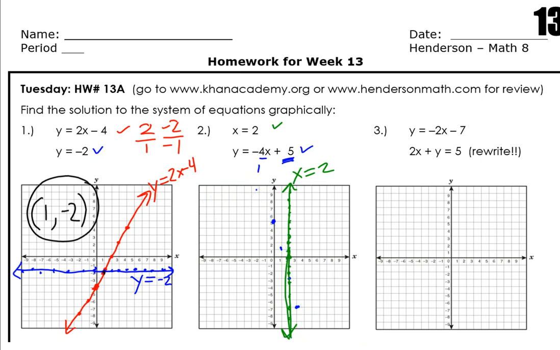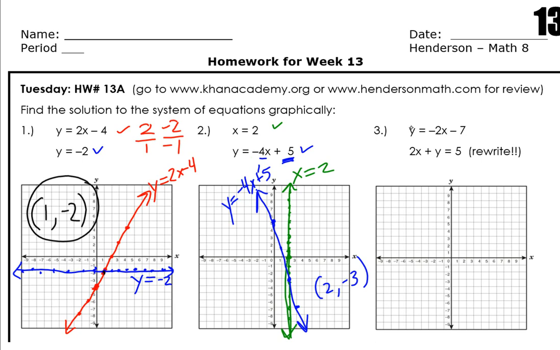When you use your straight edge here, you will connect these points exactly. So I can see that this blue dot is on the green line at a value of 2, negative 3. Let me see if I can get this line a tiny bit straighter. There we go. And a label. 4x plus 5.